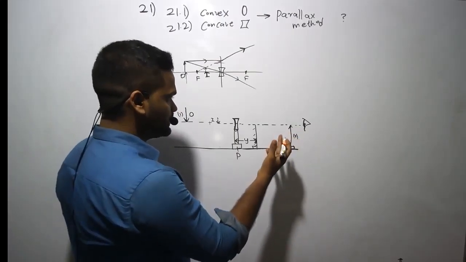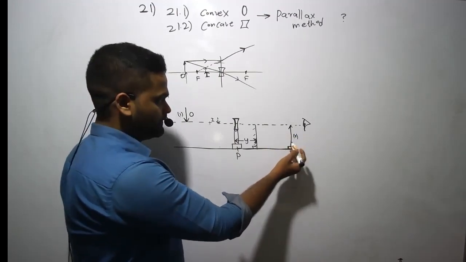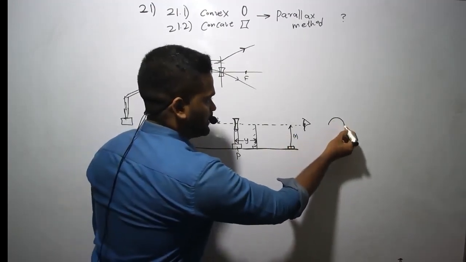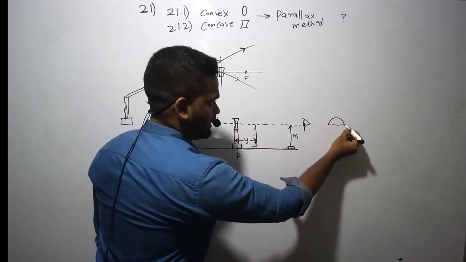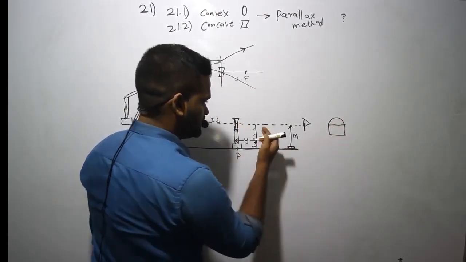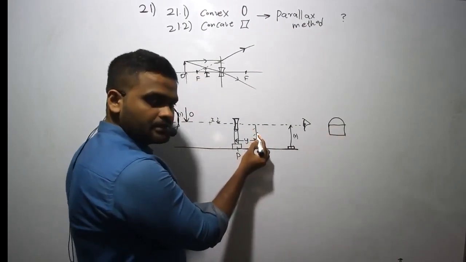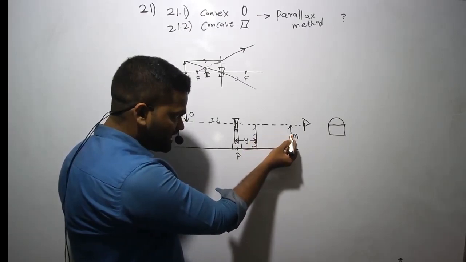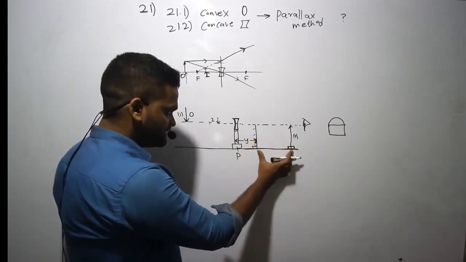So this is the observing pin, pin 2. What you are going to see is half of the mirror. Let's say this part is the half, and below that, this part of the mirror. Through the mirror, you will see an image of this pin 2 at an equal distance.